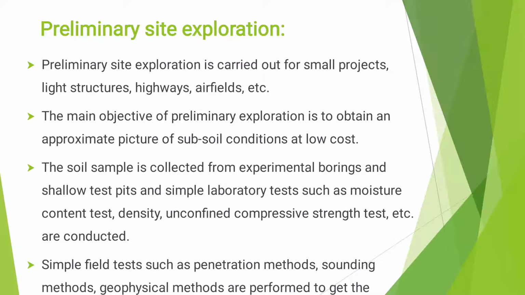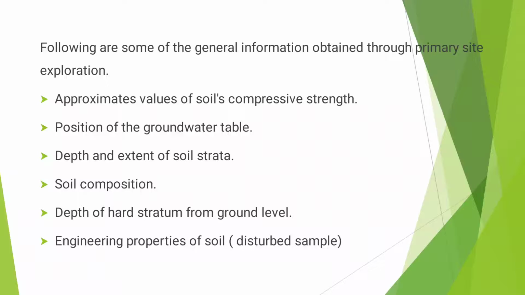Simple field tests such as penetration methods, sounding methods and geophysical methods are performed to get the data. By conducting preliminary site exploration, some general information is obtained: approximate value of soil strength, position of groundwater table, depth and extent of various soil strata, soil composition, and engineering properties of soil in disturbed samples.